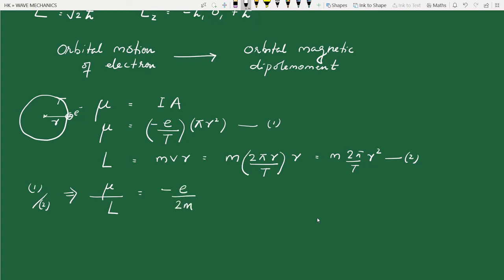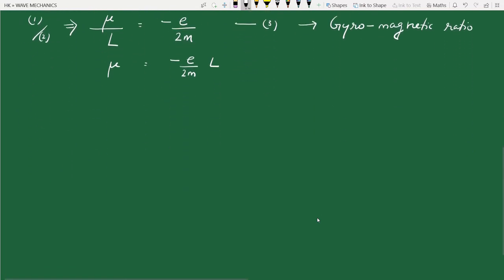Let us call this equation 3, and this is called the gyromagnetic ratio, the ratio between magnetic dipole moment and orbital angular momentum. If I cross multiply, I can write mu is equal to minus e by 2m into L, or vector mu is equal to minus e by 2m into vector L.